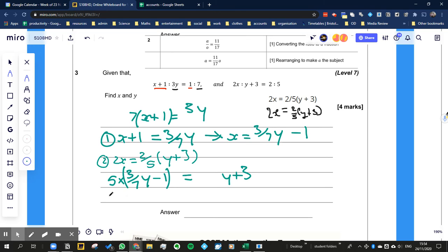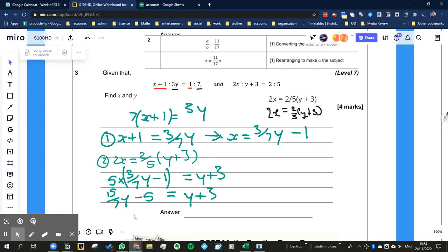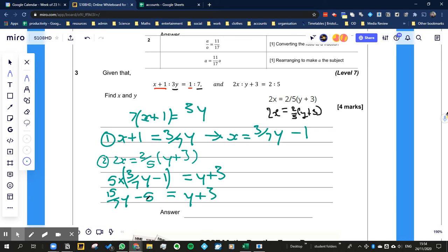Then I would expand out that bracket, and so I've got 15 over 7 y minus 5 is equal to y plus 3. So that's looking good, no brackets, and we can start to collect the terms. If I add 5 to both sides, what happens is the 5 goes over to here, and we have add 5 there.